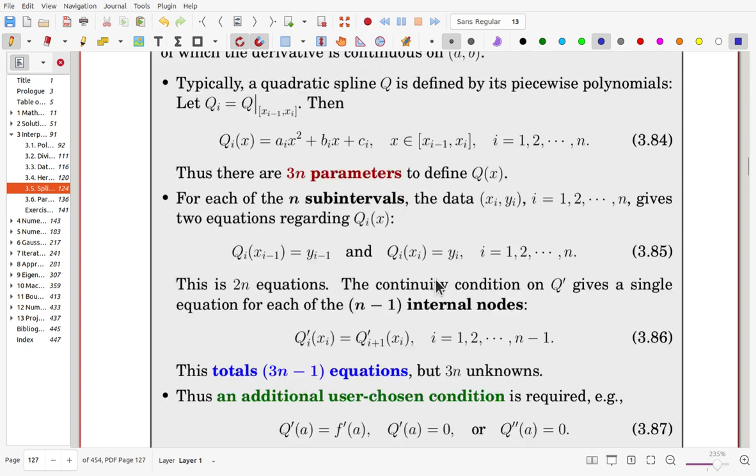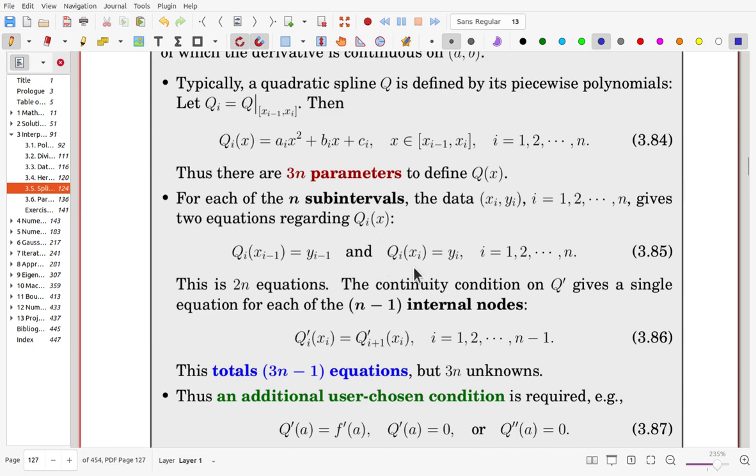Now, for n subintervals, in each subinterval the value at the left end point x_{i-1} is y_{i-1}. Here q_i is the restriction of the quadratic spline on the ith subinterval.